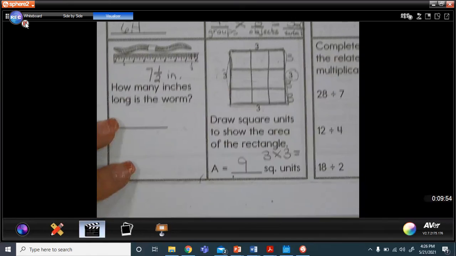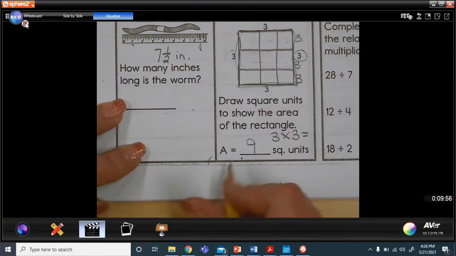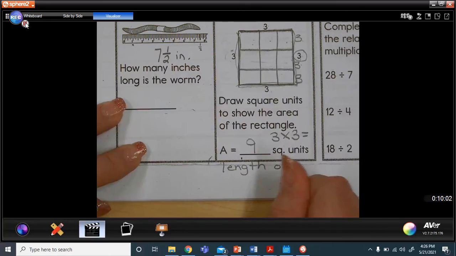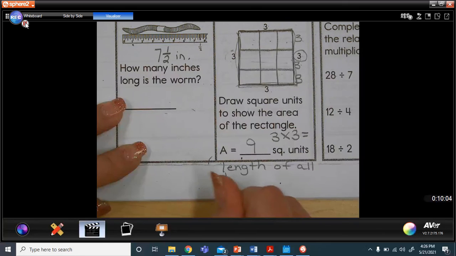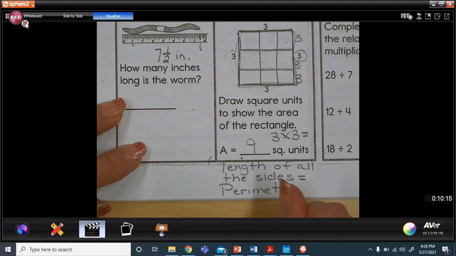So for your discussion, what is the length of all the sides? That will tell me my perimeter. Perimeter is the length of the sides that you use to make the figure.